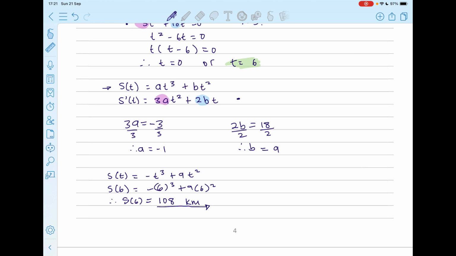So then we used that information to get the derivative over here. Then we equated the first derivative of that cubic function to our given first derivative. Then we were able to get the unknowns a and b, substituted that into the equation we came up with, and that's how we calculated our distance after the cyclist traveled for 6 hours.